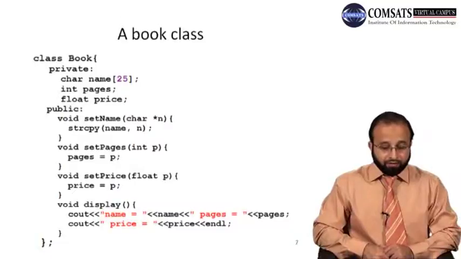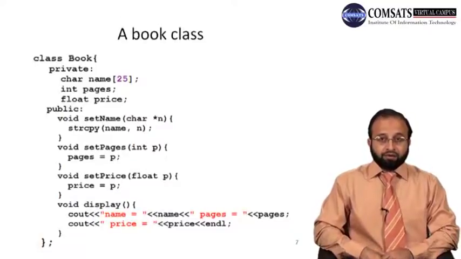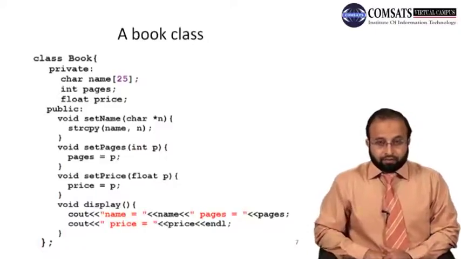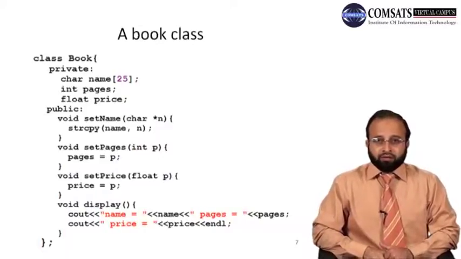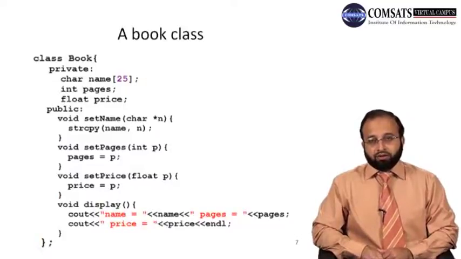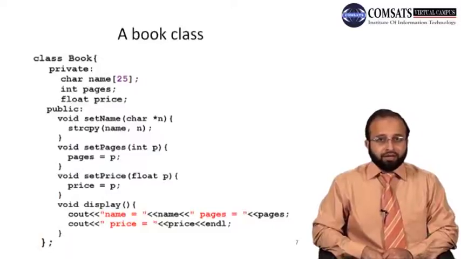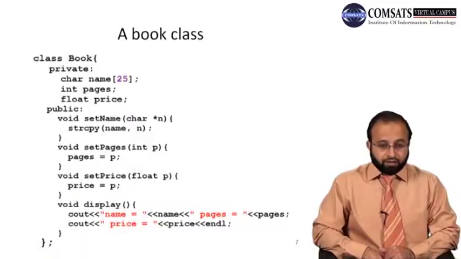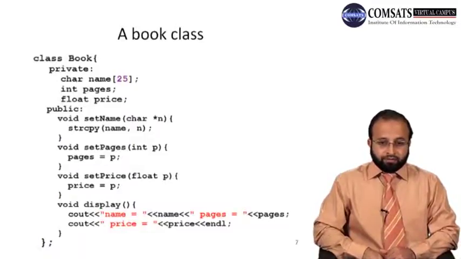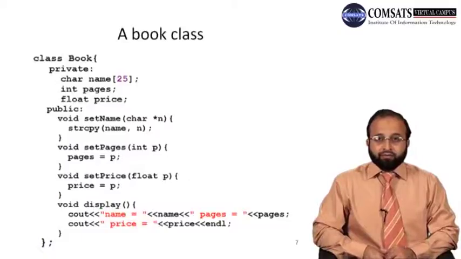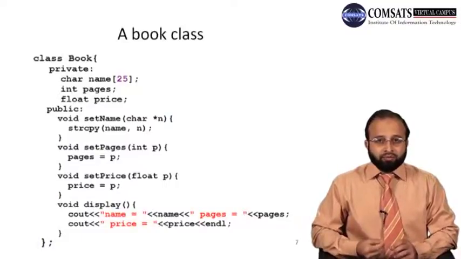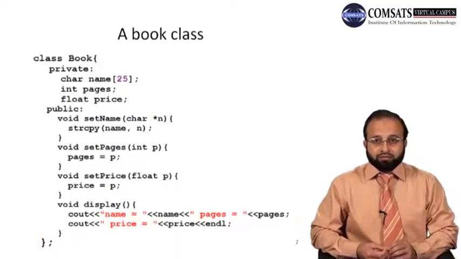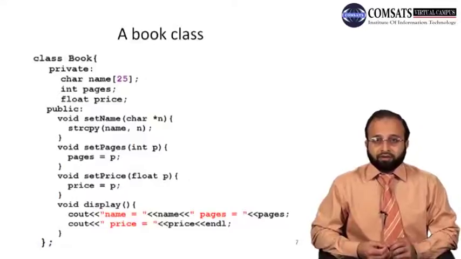Now why do we make the data members private and the functions public? I gave you the example in the first lecture about the table lamp. If you remember that example, there are two states of the table lamp, on and off, and it has two behaviors, turning on the lamp and turning off the lamp, right? If you observe every example that I gave you, or pick any object, the state of that object can only be changed by executing a particular behavior of that object.